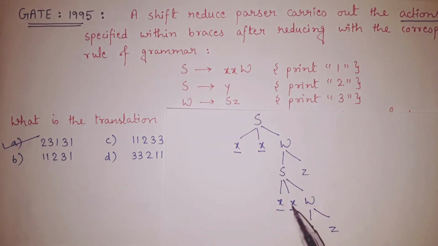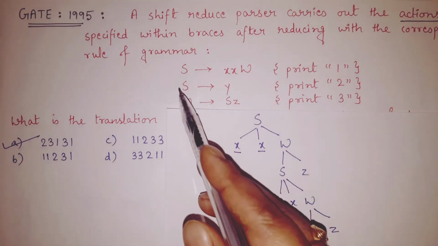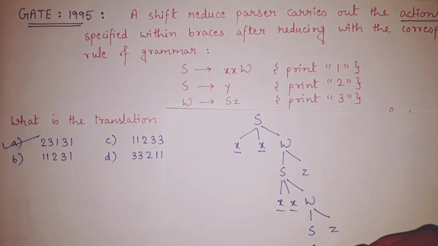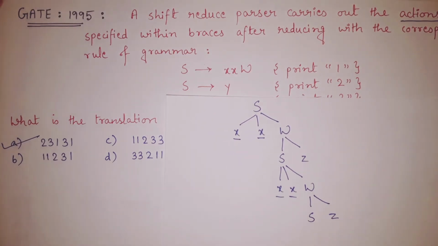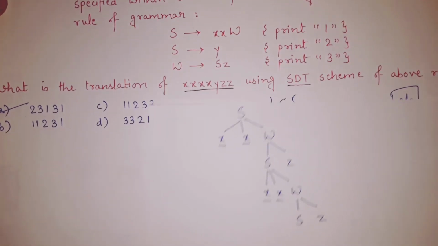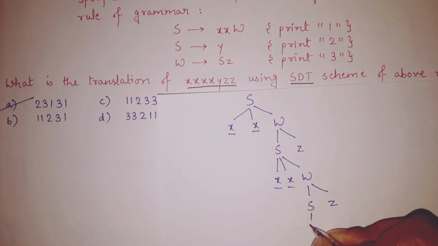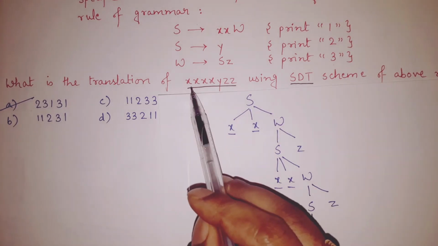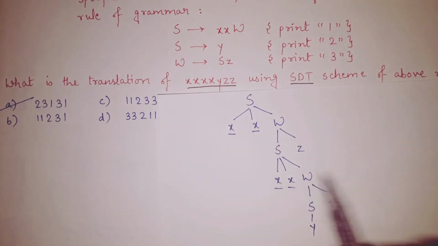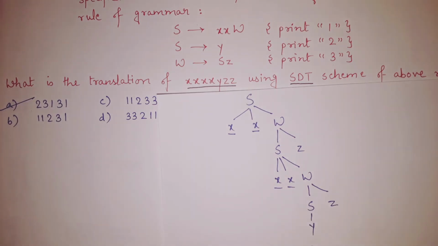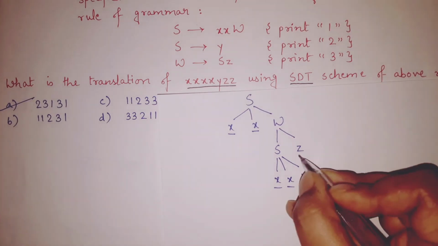I already have 4x and I wanted 4x. So now I can directly expand this S as Y. So see what our string was: 4x, 1y and 2z.